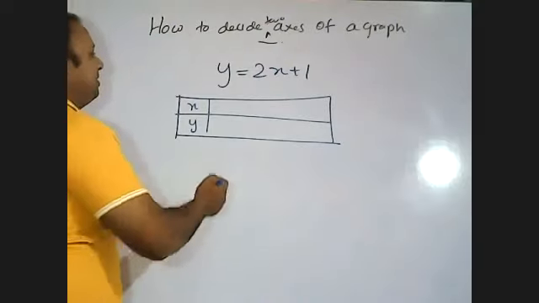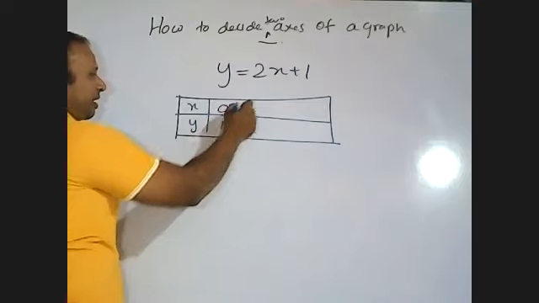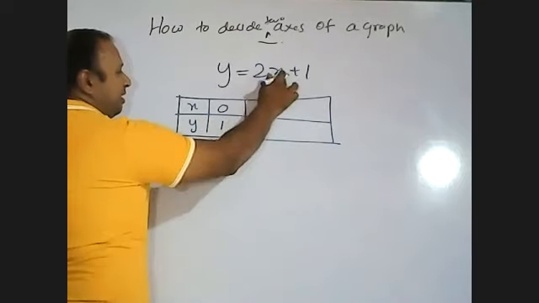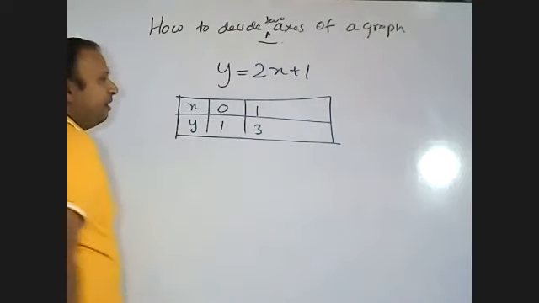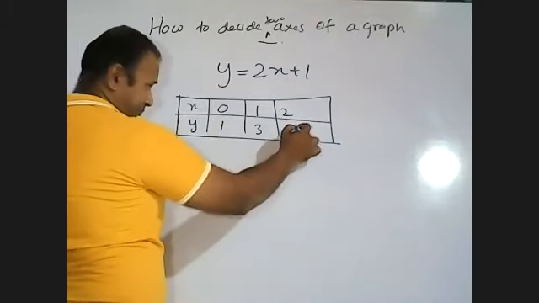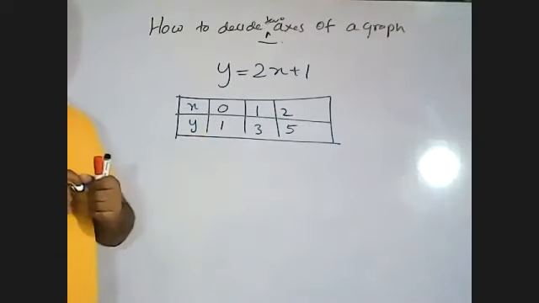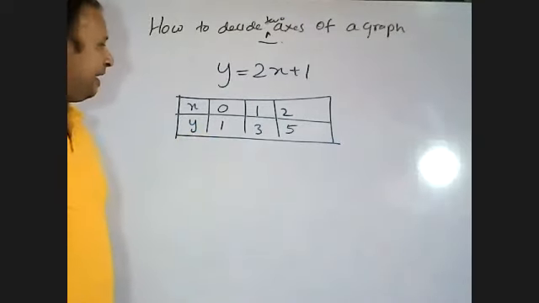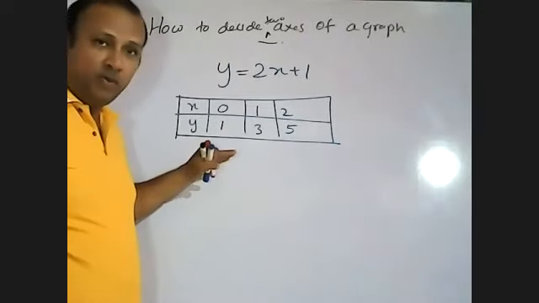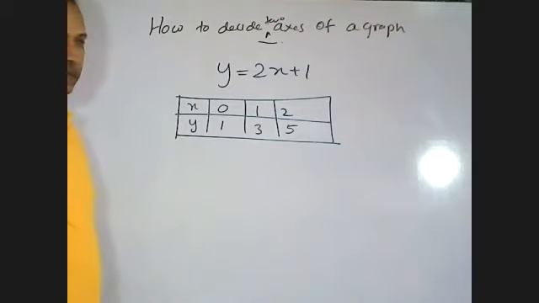Suppose x is equal to 0, then y is 1. If x is equal to 1, then y is equal to 3. If x is equal to 2, y is equal to 5. Likewise, you decide the relevant y values for the assigned x values.